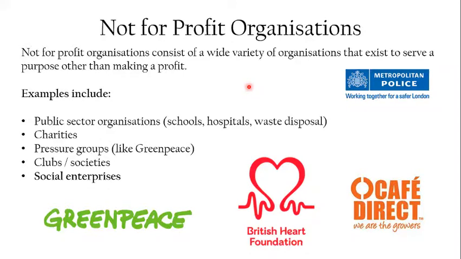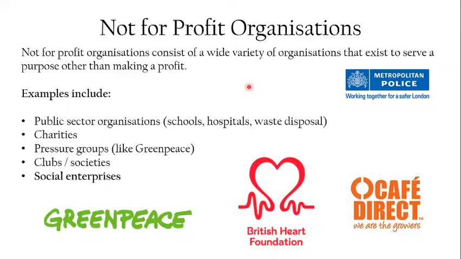Well, not-for-profit organisations also have the resources that a typical business has. They've got land, labour, enterprise, capital, but they bring together these resources for a purpose other than making a profit. So you might want to think of your school as an example, assuming that you go to a state school.